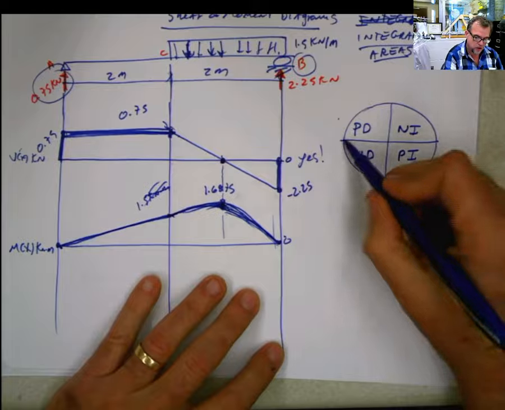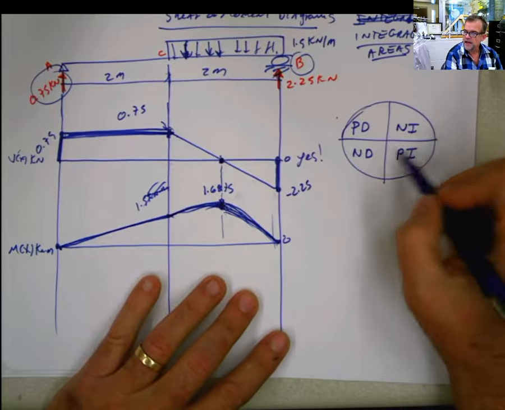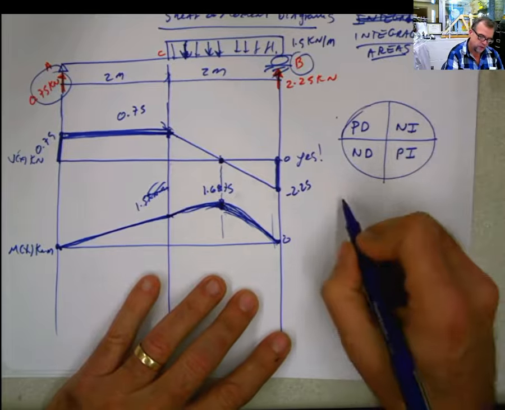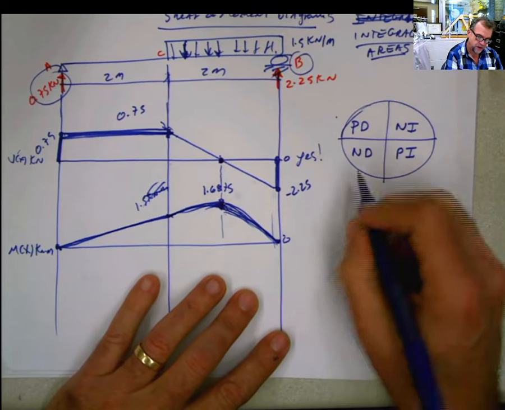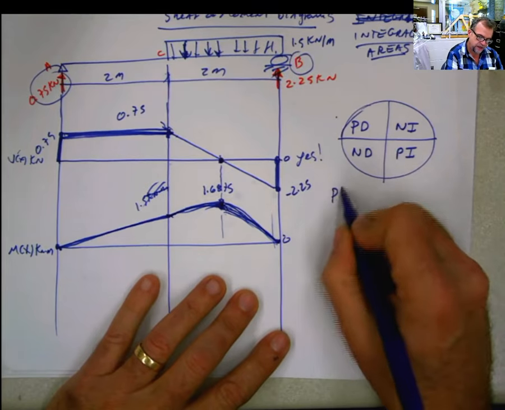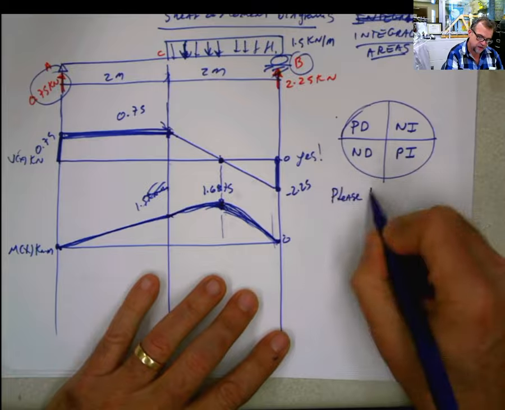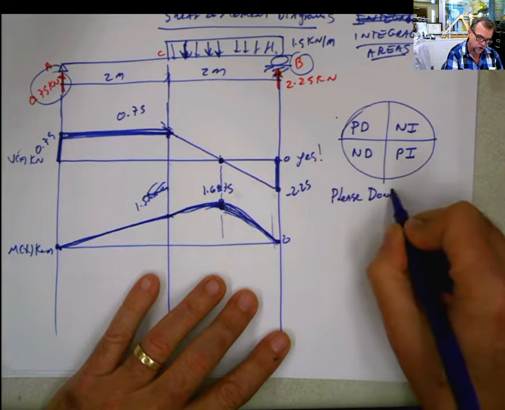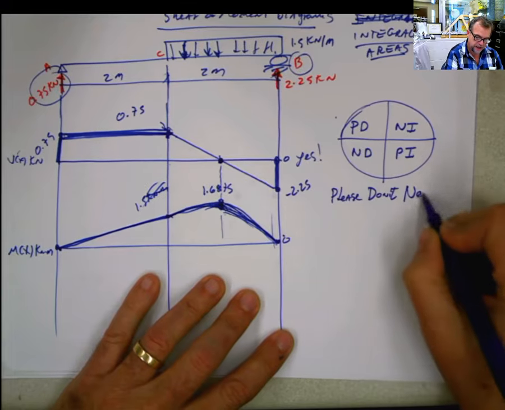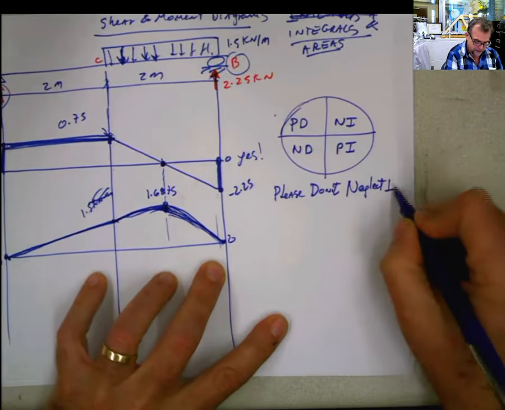So if you want to remember that circle, a student came with a mnemonic for that, and he said, please don't neglect infants.